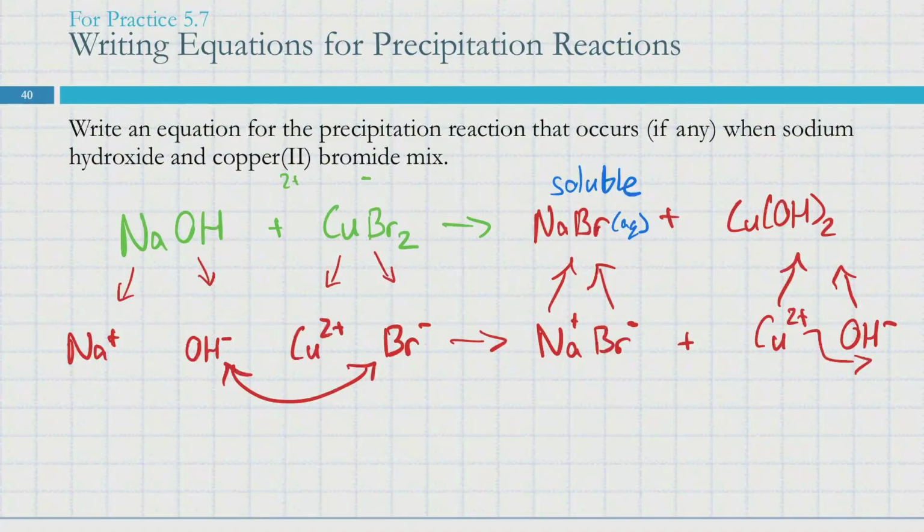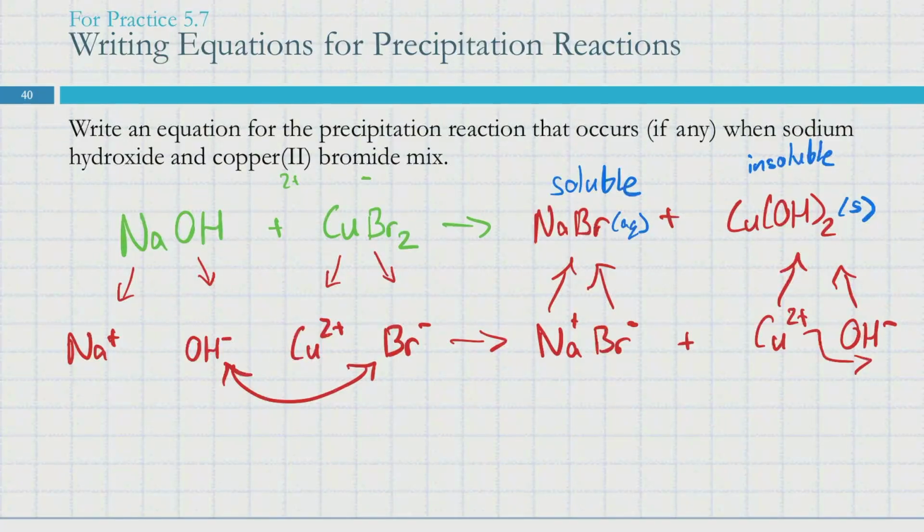We're not going to find copper on our solubility table, but we find hydroxide. So on our green sheet, if you look on the bottom part, in the bottom of the generally insoluble, we find hydroxide. And there's not an exception for copper. So this one is insoluble. So hydroxide, generally insoluble, no exception for copper 2 plus. So that one's insoluble.